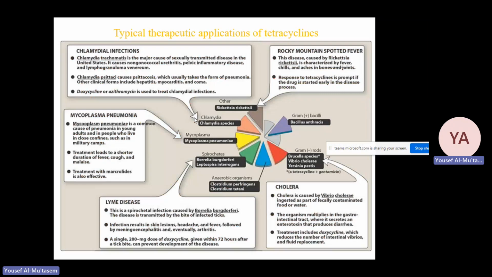This picture summarizes the wide spectrum use of tetracycline, from Rocky Mountain spotted fever, caused by a pathogen called rickettsia, to chlamydial infection affecting the urethra, called urethritis.